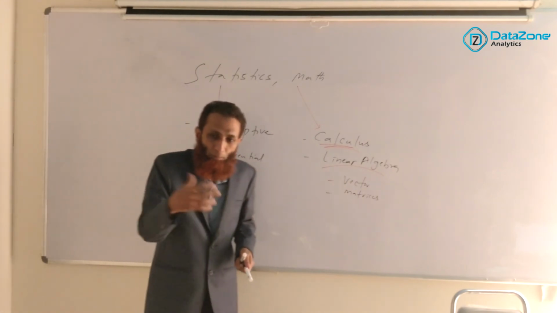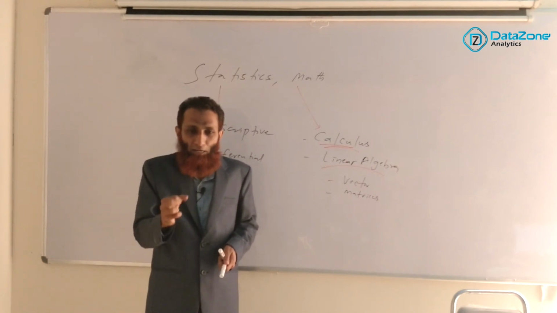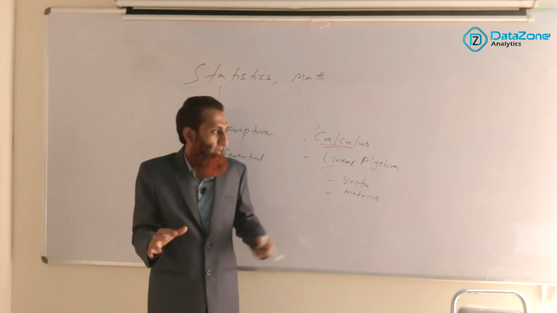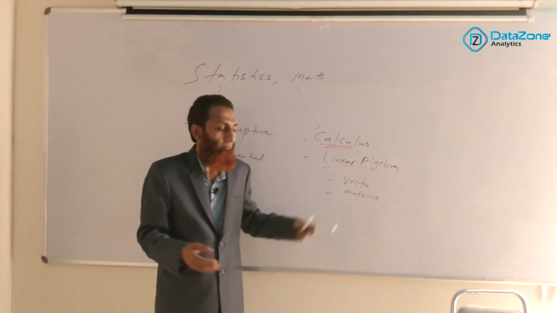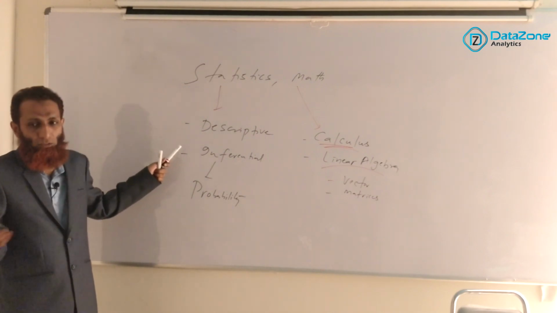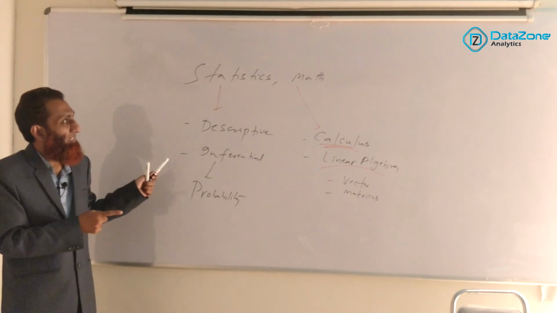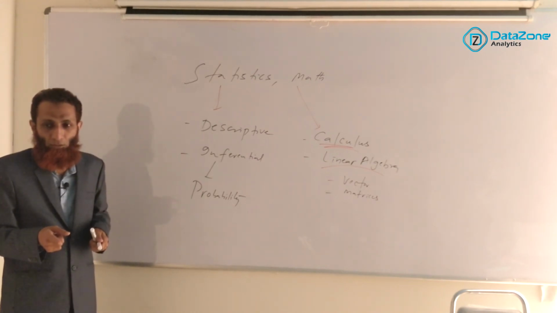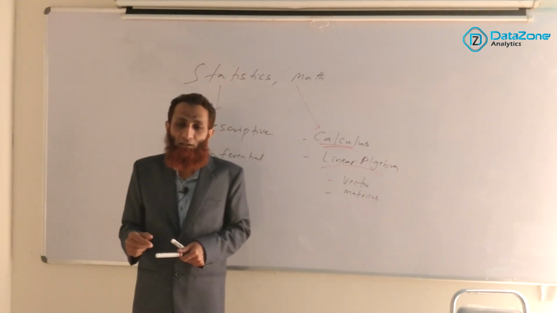So if you don't remember the derivative formulas and all that, but if you have good understanding and good intuition, still you will be able to apply calculus and linear algebra. So this is exactly what we focus on in our class. Now this is all about statistics and math. Now we are going to talk about machine learning algorithms.